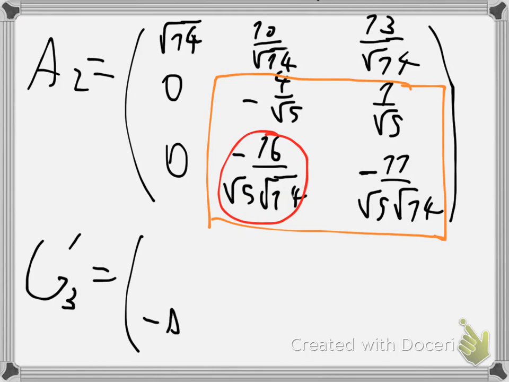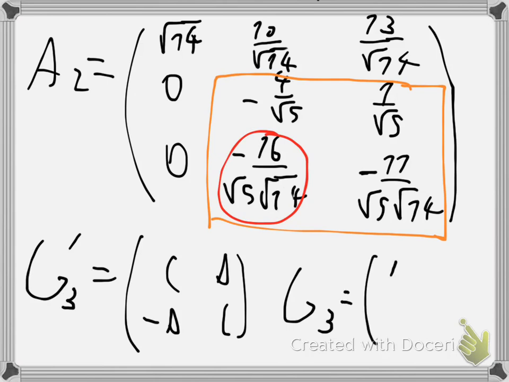It will be of the form negative sine, cosine, sine, cosine, and then J3, which is the matrix that we will multiply with A2.